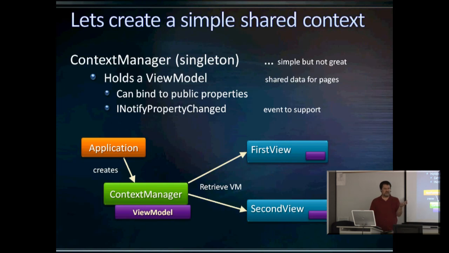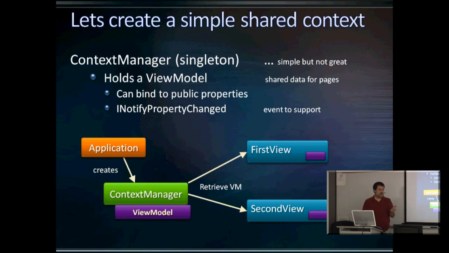If it's a singleton, that means on constructors we can have a parameterless construction. There are other ways to do this, right? Dependency injection, MEF, whatever. We're just going to create the object and stuff in the view model immediately so we have our context. And if it is built by the application, as long as the application lives, we have our equivalent of a session state.